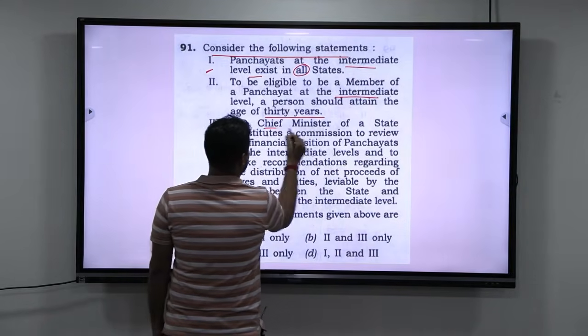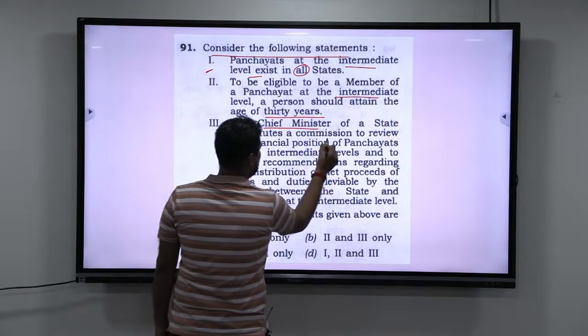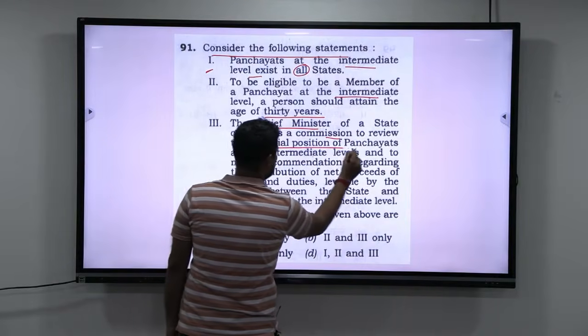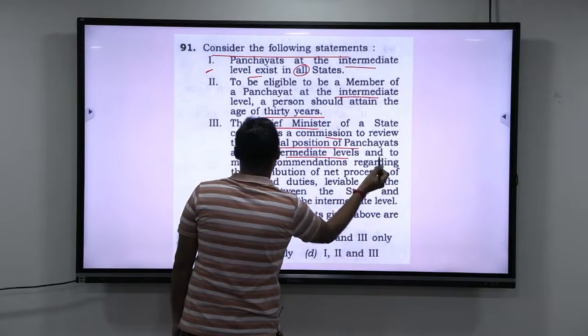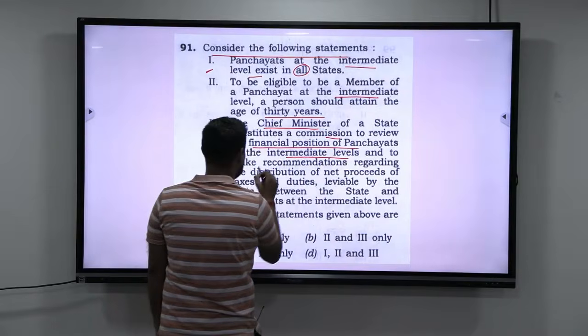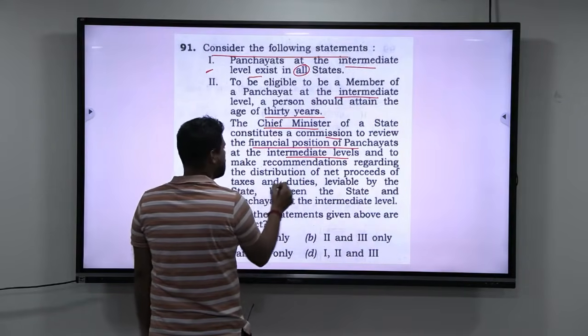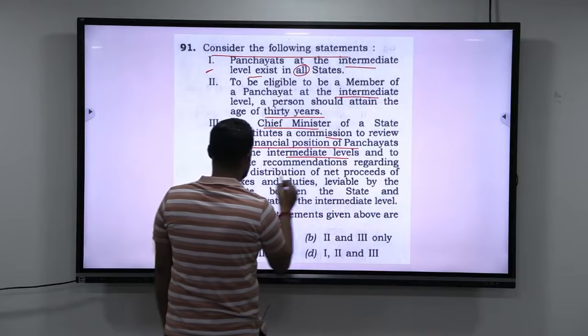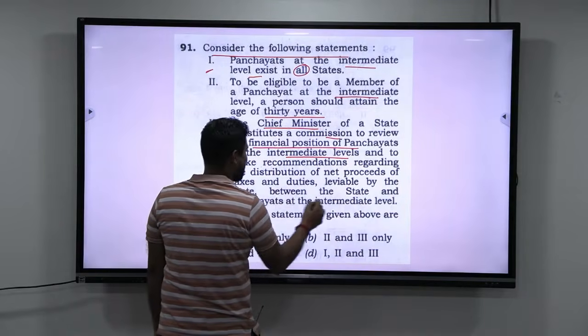Next, the chief minister of the state constitutes a commission to review the financial position of the panchayats at the intermediate levels and to make recommendations regarding the distribution of net proceeds of taxes and duties leviable by the state between the state and the panchayats at the intermediate level.